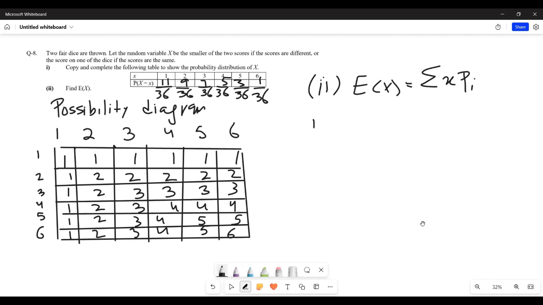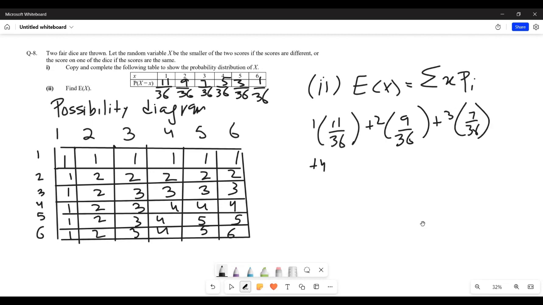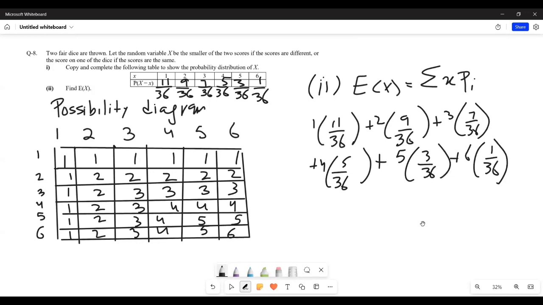So it's going to be 1 times 11 by 36 plus 2 times 9 by 36 plus 3 times 7 by 36 plus 4 times 5 by 36 plus 5 times 3 by 36 plus 6 times 1 by 36, which gives an expected value of 2.53.